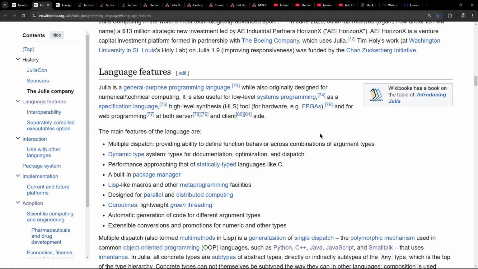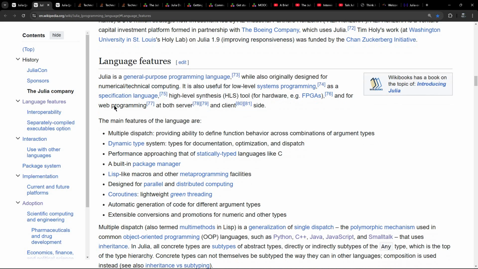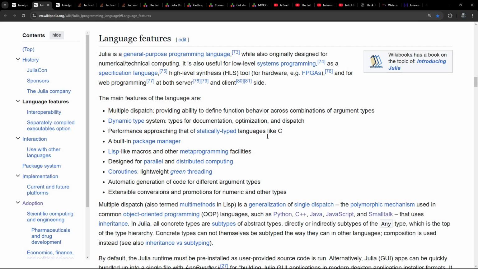So I mentioned it's a general purpose programming language, originally designed for numerical technical computing, also useful apparently for low-level systems programming, and as a specification language and various other things. And if you look at this wiki article, which I'll include a link to in the description, as I will do all the other things I'm going to talk about, you can see some of the main features which might act as a reason for you to learn them.